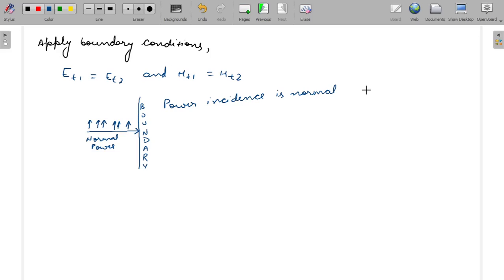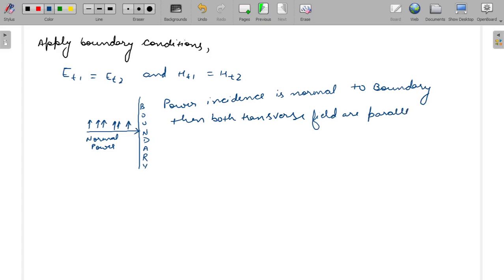Power incidence is normal to boundary, then both transverse fields are parallel to boundary. Okay.